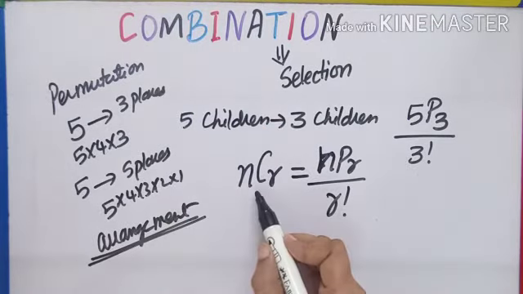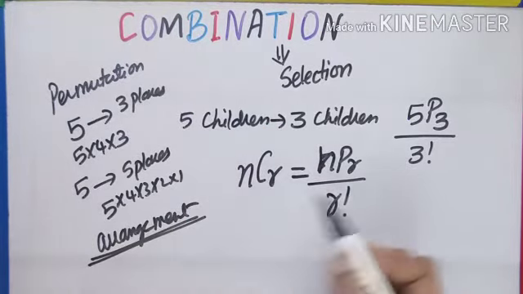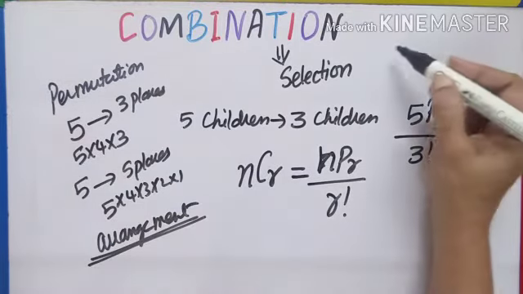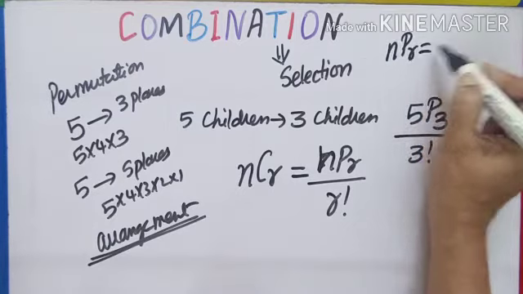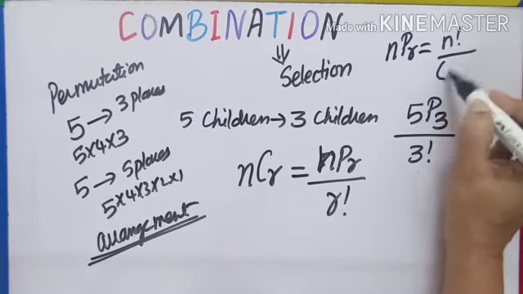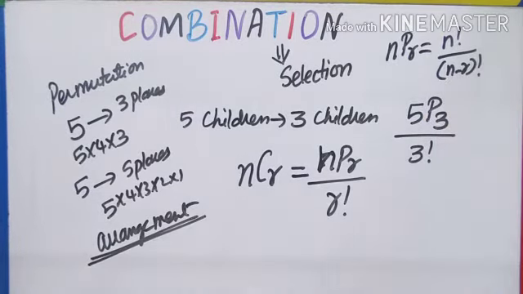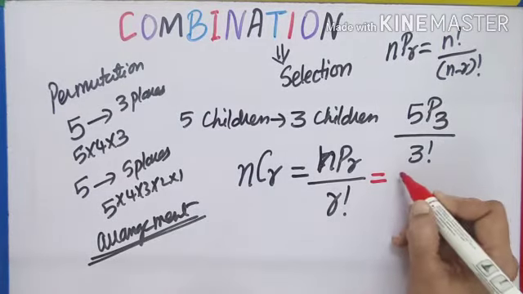So for combination, we can use permutation. Remember, divide by R factorial. What formula did we learn for NPR? It is N factorial by N minus R factorial. So what is the formula for NCR?